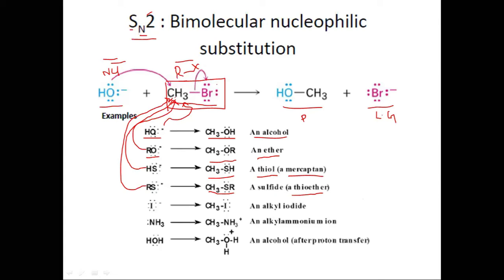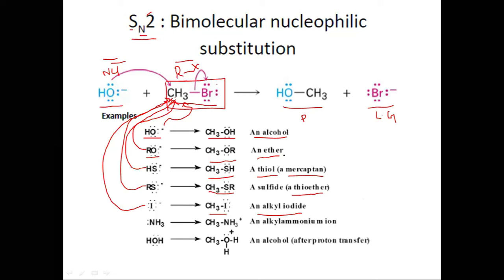And instead of any of these nucleophiles, I minus can also be used here as a nucleophile, and I minus attacks the carbon and Br minus leaves out. The product will be CH3I, an alkyl iodide.